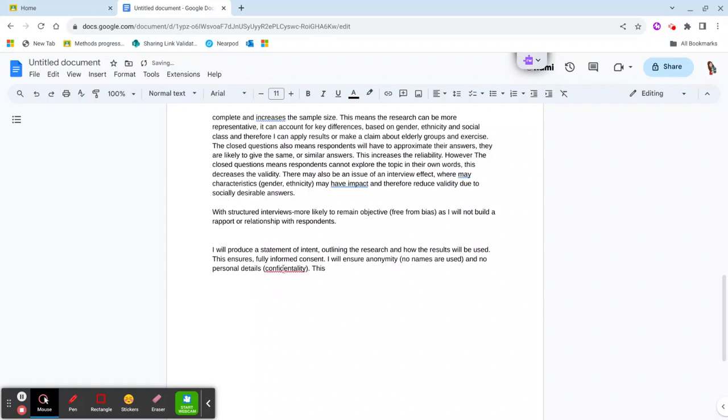This adheres to the British Sociological Association's guidelines and increases the validity as respondents know their identities are kept hidden, so are more likely to tell the truth.